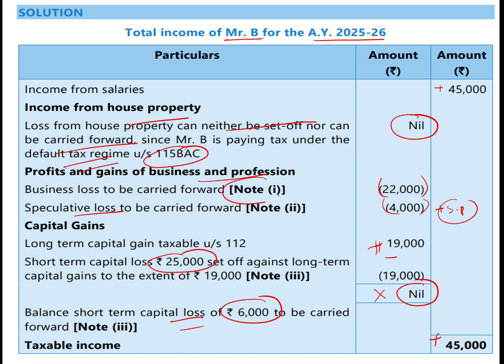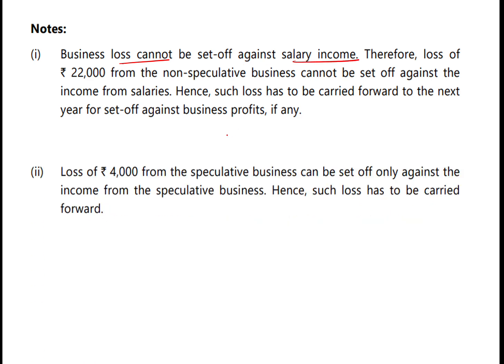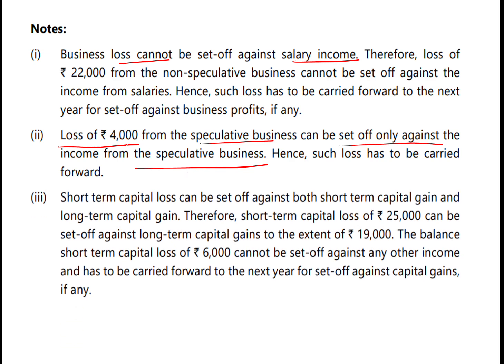These are the notes which are given: note 1, note 2, and note 3. You can just have a look. Note 1 says business loss cannot be set off against salary income. Note 2 says the 4,000 loss from speculative business cannot be set off against income other than speculative business, and therefore it has to be carried forward. Note 3 says short-term capital loss can be set off against both short-term and long-term capital gain.